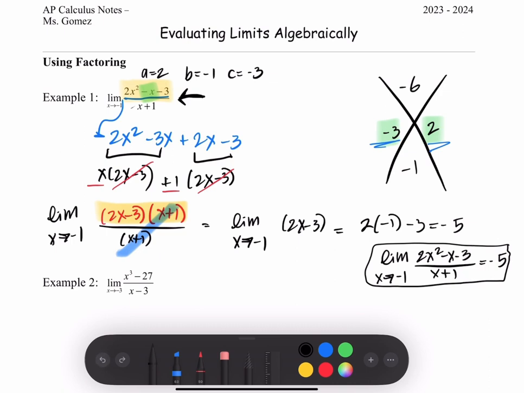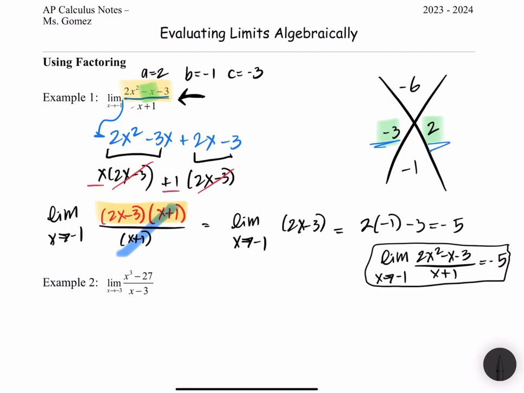And so whenever this happens, what we can do here is take our denominator of x plus 1, right? And we set this equal to 0. And so I know that at x equals -1, at this location, I'm having some kind of discontinuity that's causing my function to say undefined.